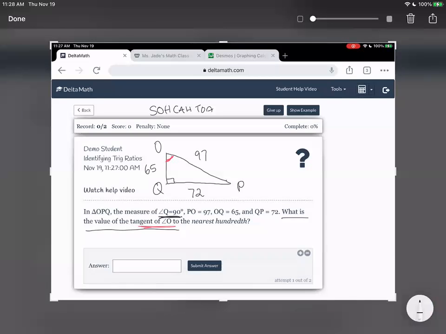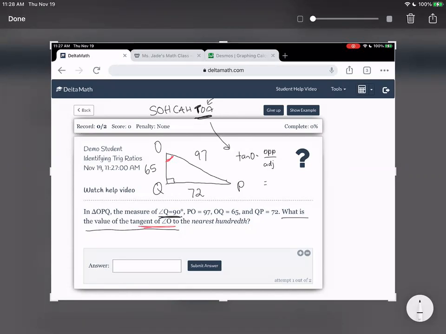Which one is tangent? It's T for tangent, right over here. So we're looking at the TOA. So that means tangent of the angle O is equal to opposite over adjacent. That's what the OA in TOA stands for, opposite over adjacent.